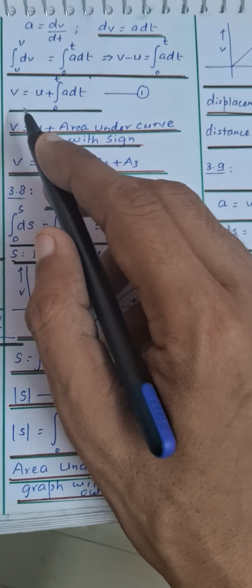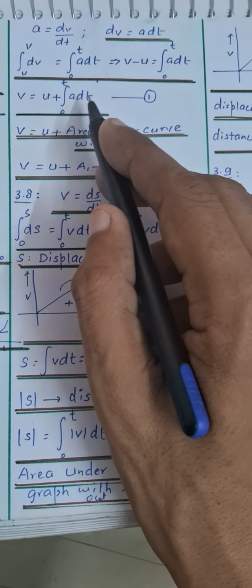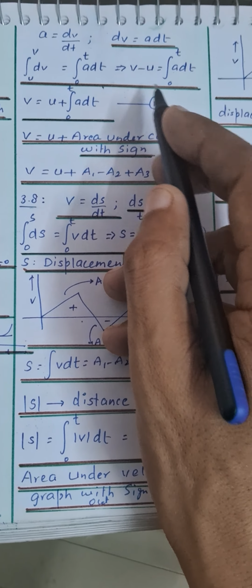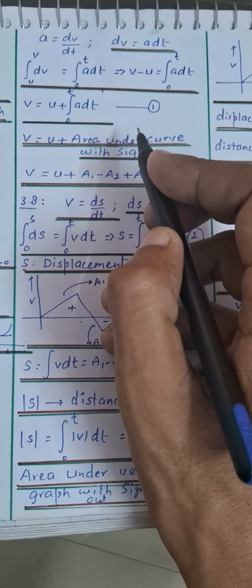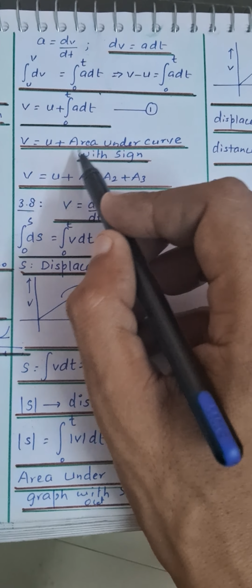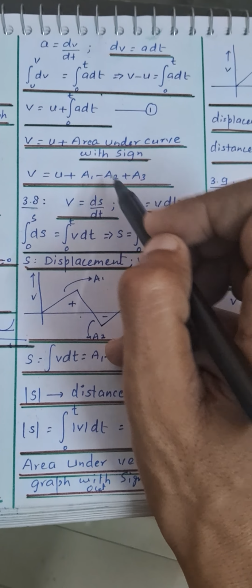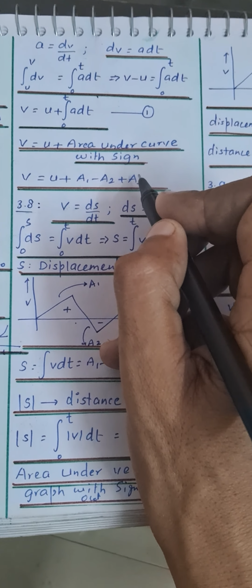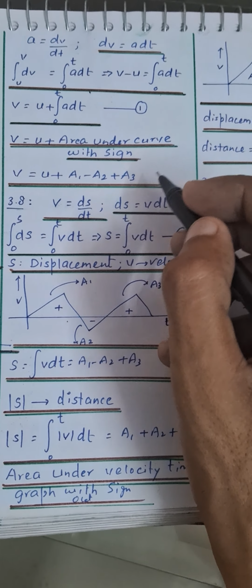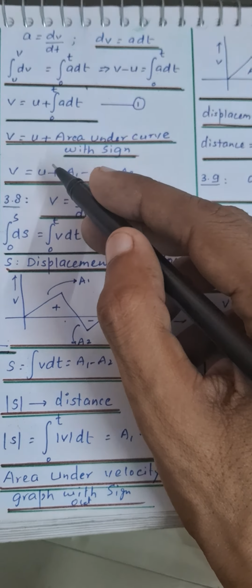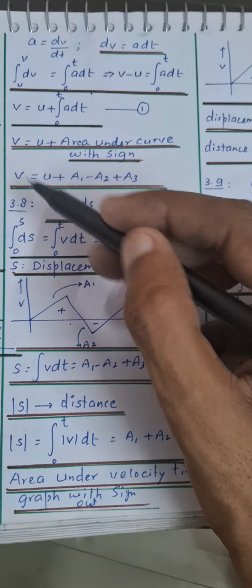So from here v is equal to u plus integration of a dt, and the limit is from 0 to t. This is called the first equation of motion. And here the thing is that integration of a dt is the area under the curve with proper sign. So we can write v is equal to u plus A1 minus A2 plus A3. So this is how we can use the a-t graph for calculation of initial and final velocities and finding the relation between them.